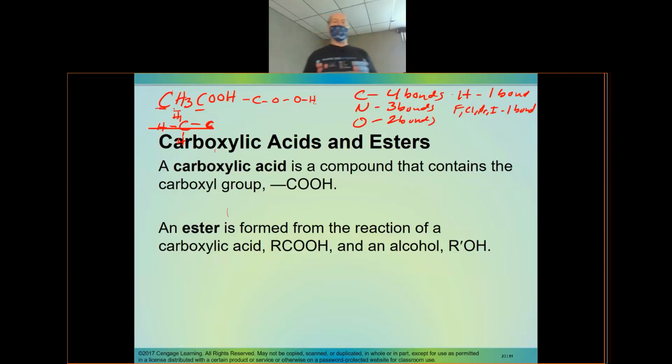So that is not the structure. When they list it as a carboxylic acid, you know that you're going to have a C double bonded to O and to OH. The only way that you can get 4 bonds to the carbon, 2 bonds to each oxygen, and 1 to the hydrogen is if you have it as a C double bond O to OH. That is the only way to get that to 4 bonds for carbon.